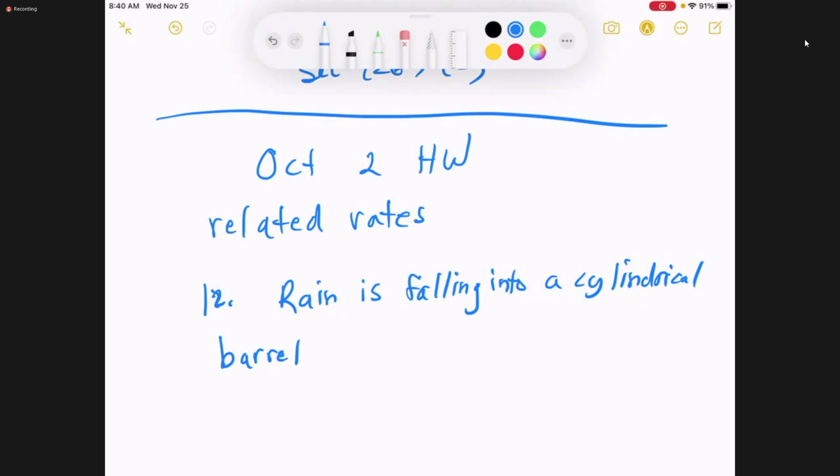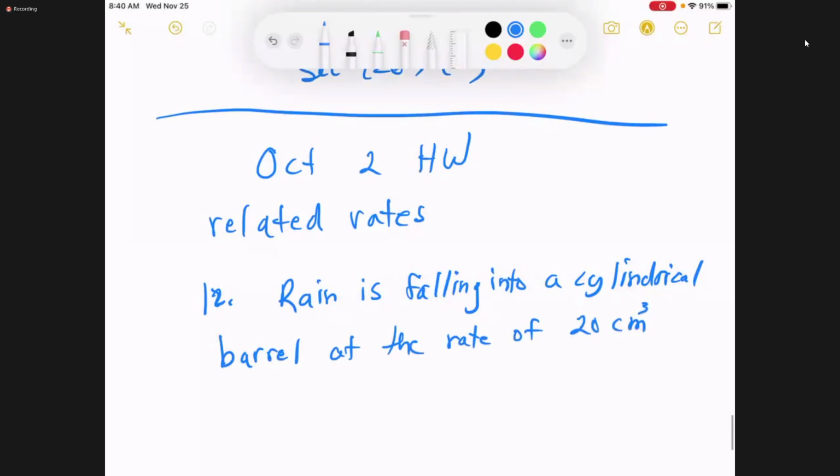At the rate of 20 cubic centimeters per minute. If the radius of the base is 18 centimeters, well, that's not much, that's a really small barrel.